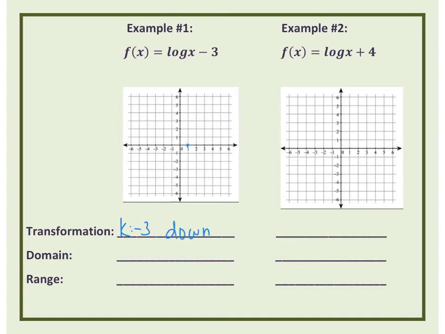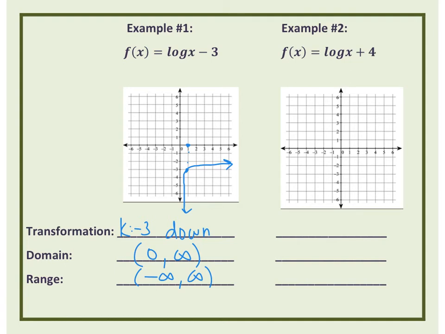So remember that my parent function started right here. I'm going to go down 3. 1, 2, 3. So now my graph is going to cross right there. Okay. But my domain is still 0 to infinity. My range is still negative infinity to infinity. So even though the graph shifts up and down, that shifting is not going to affect my domain or my range.